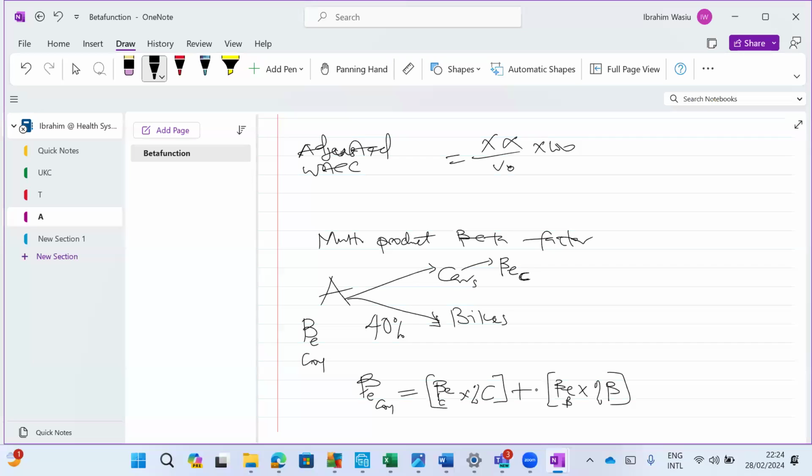Even when you have more than 2 products, you do the same thing. You do a third block. Are we together? So this is the formula. From this formula now, you can bring out whatever variable you are looking for, because at the end of the day, you are going to have one unknown variable, which is going to be the beta equity of the one you are looking for, say the bike business. So you follow this formula, you get your beta equity. Then you can now go back to those 5 steps.